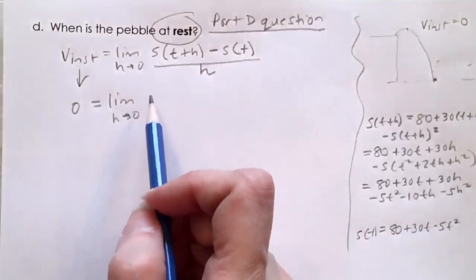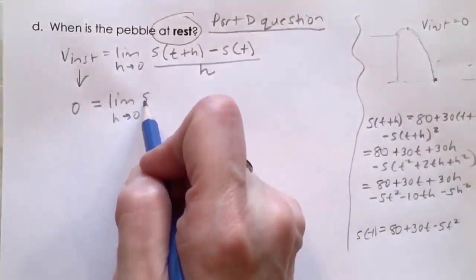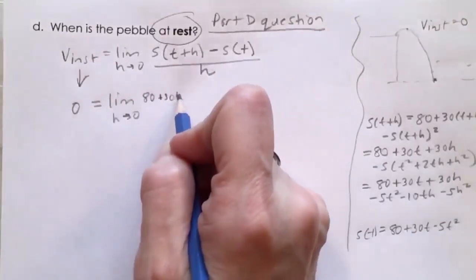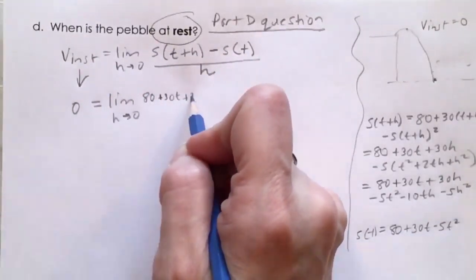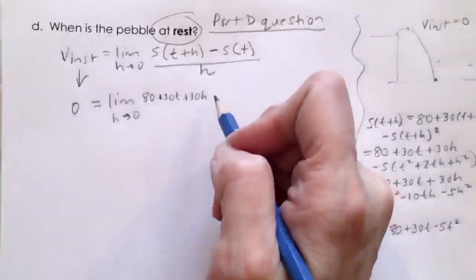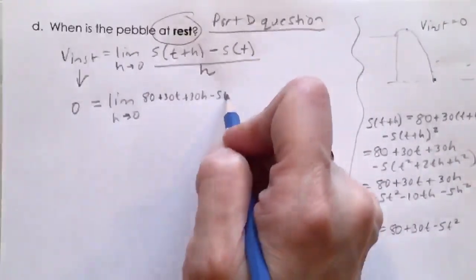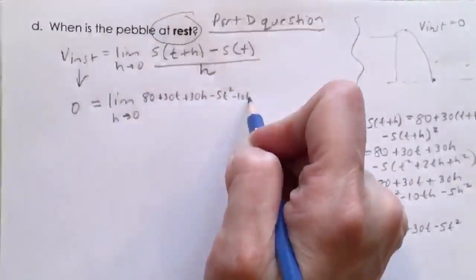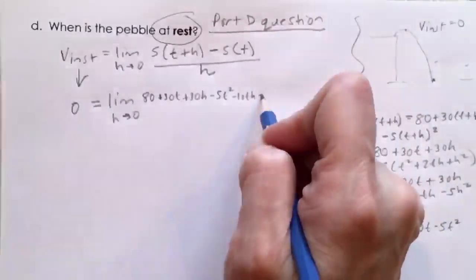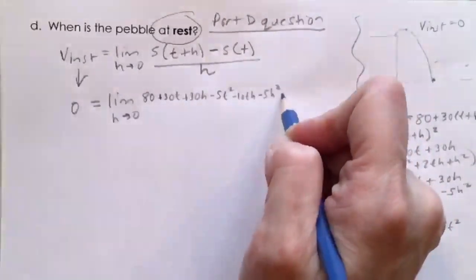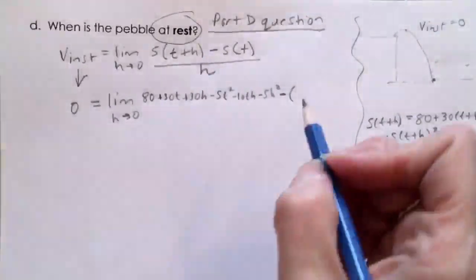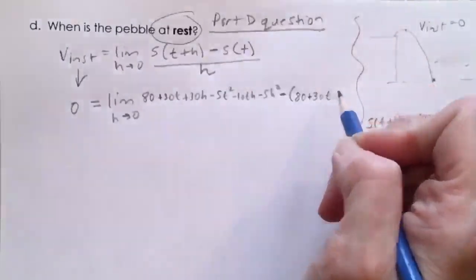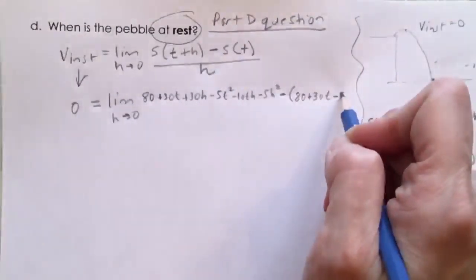So we've got to fit this all in here. So s at t plus h was 80 plus 30t plus 30h minus 5t squared minus 10th minus 5h squared. And then I'm subtracting 80 plus 30t minus 5t squared.